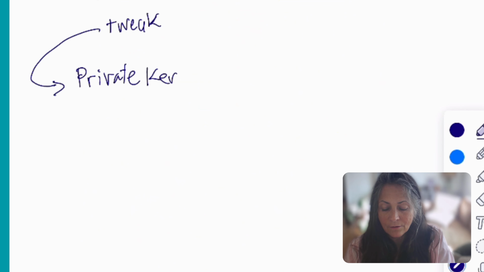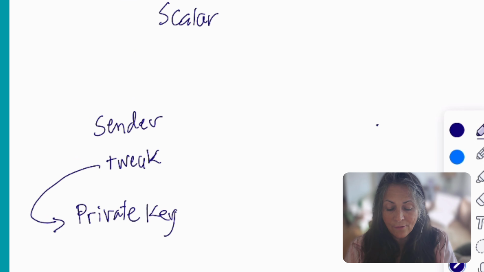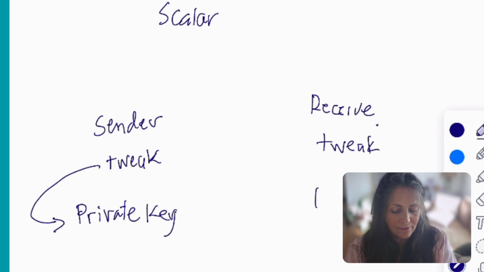So they tweak their own private key, and the receiver uses that same scalar to tweak their public key.